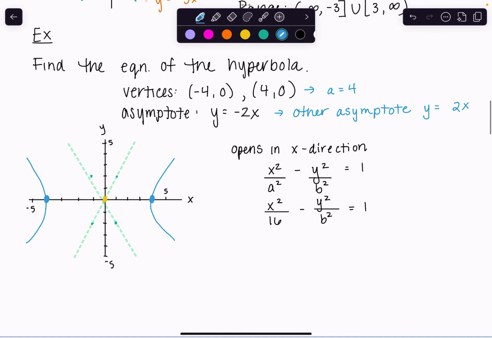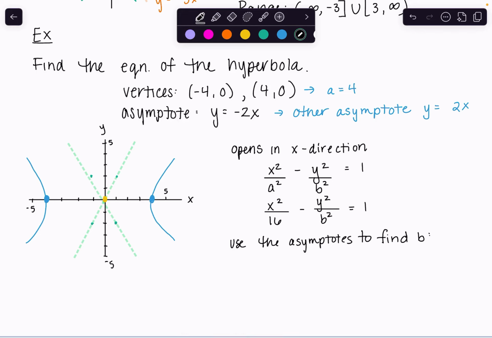All I have to do is figure out what goes underneath B. And really that's where we're going to use this slope. So we're going to use the asymptotes to find B. Okay.